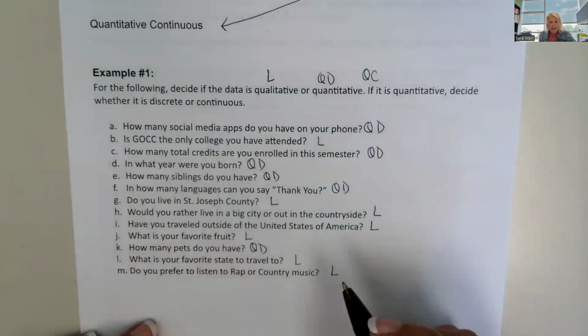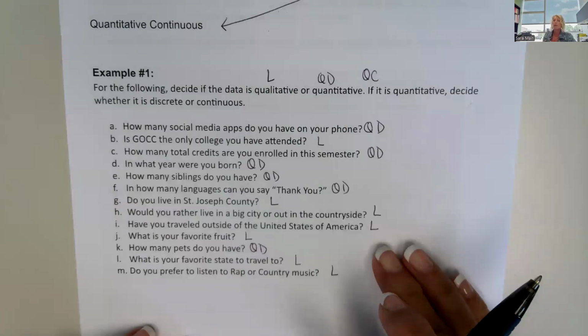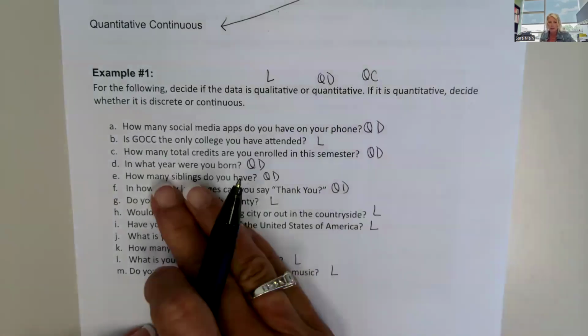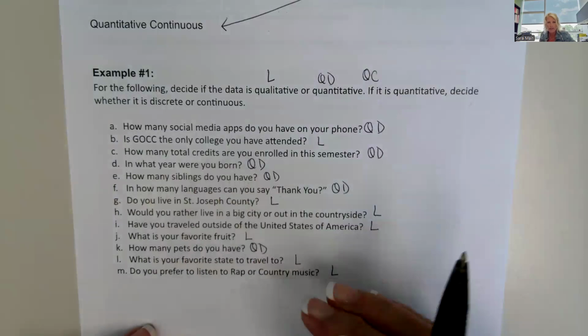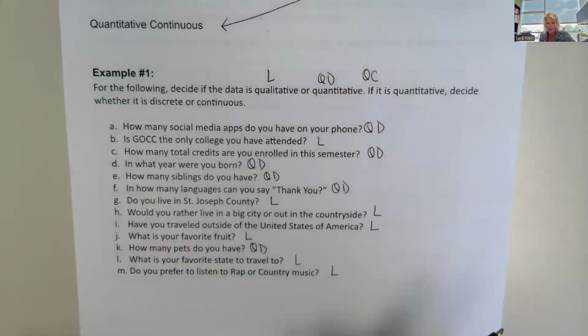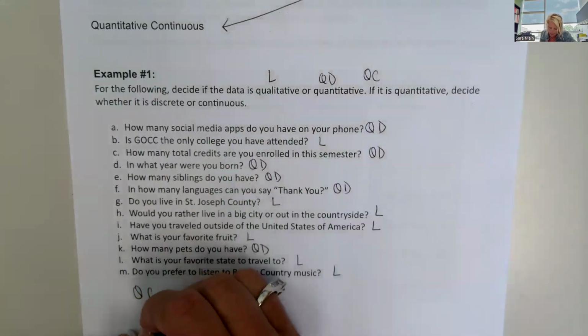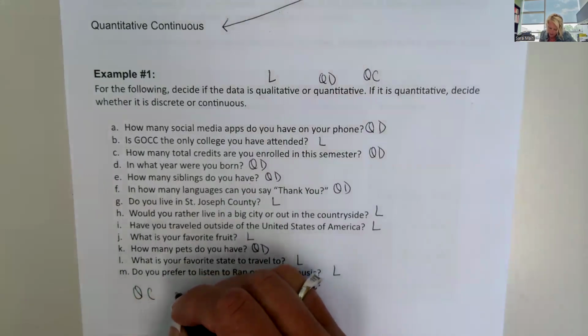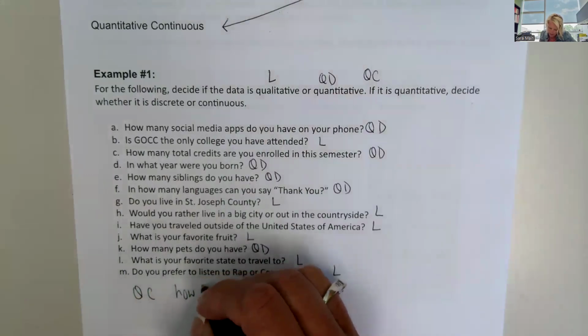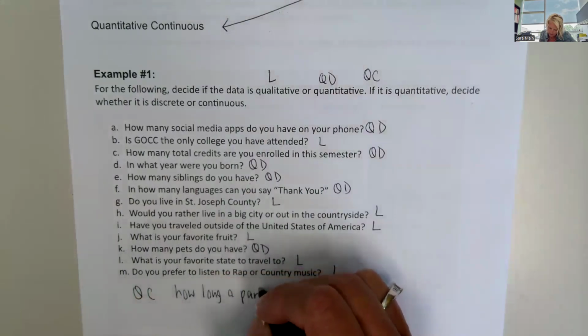And I didn't add any on here. You're going to see in your very first project, I give you a similar type of question. There are different variables than these, and there's definitely different qualitative, quantitative discrete, and quantitative continuous. Another quantitative continuous might be how long a particular song is. That's something that's measured.